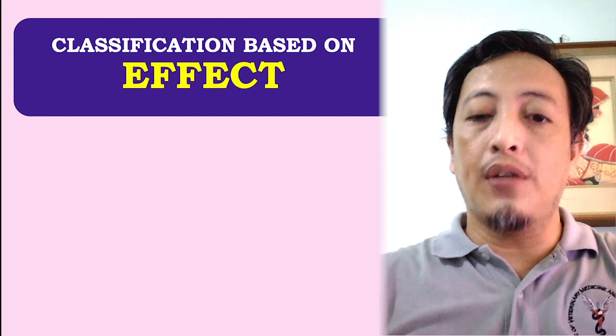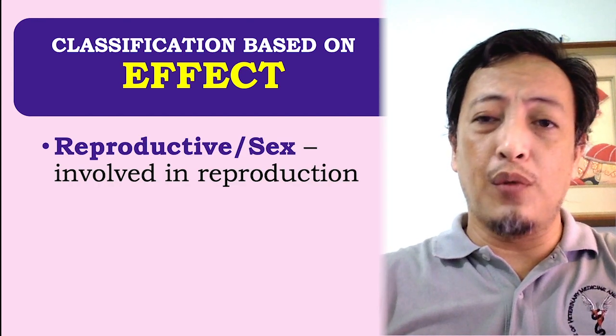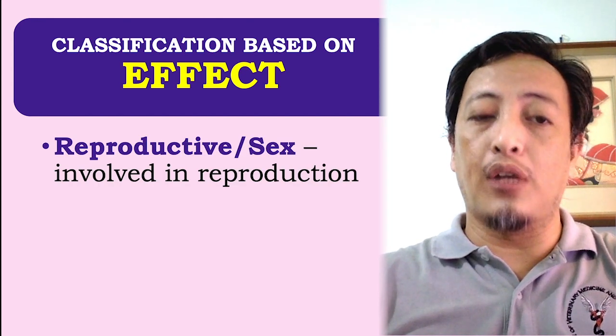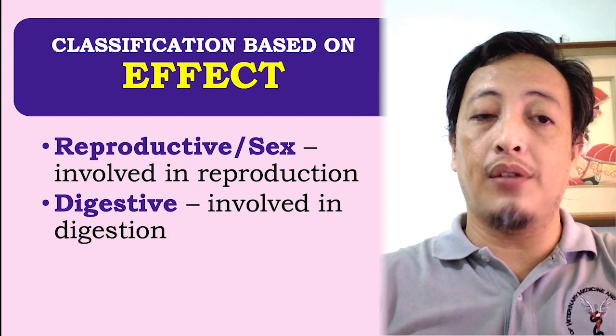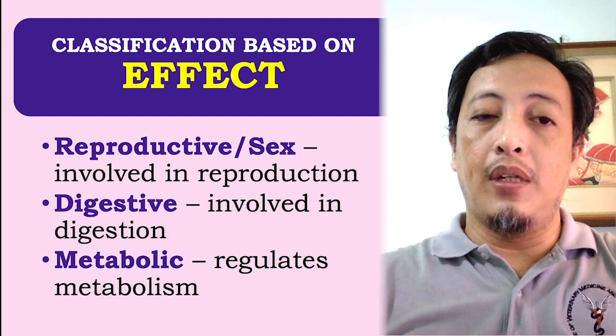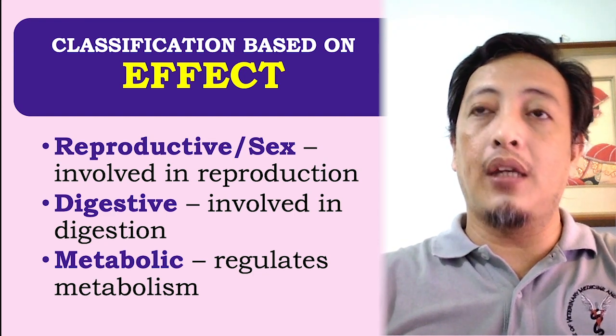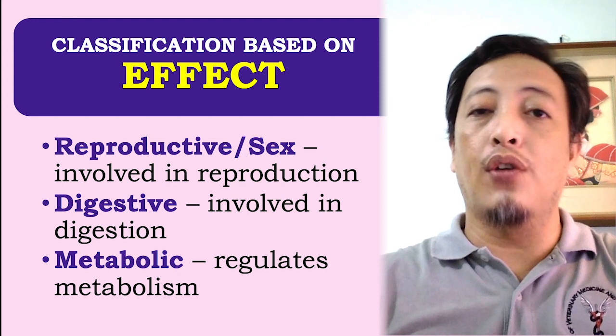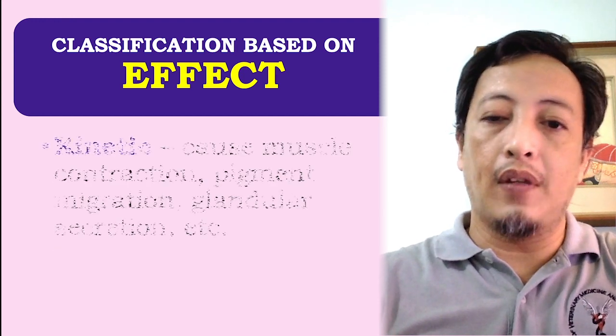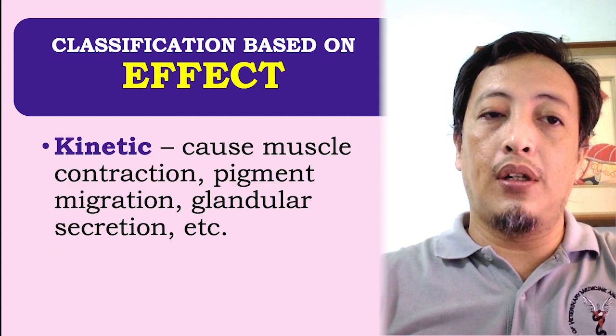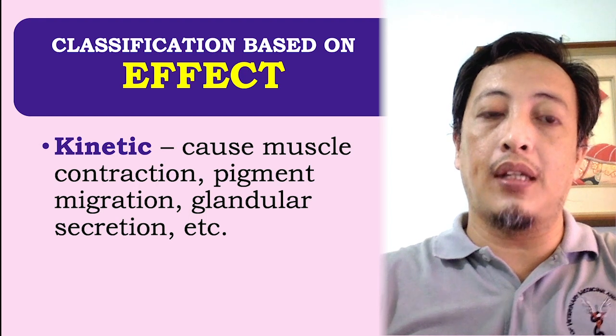So based on the effect, some hormones are classified as reproductive or sex hormones. So these are the hormones involved in reproduction. Digestive, if they are involved in digestion, and metabolic, if they are involved in the regulation of metabolism. Okay? So other classification based on effects is the kinetic.